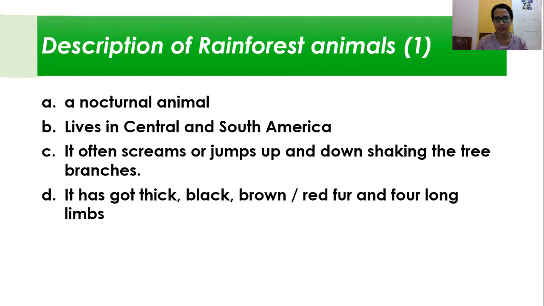It's a nocturnal animal. It lives in Central and South America. It often screams or jumps up and down, shaking the tree branches. And it has got thick black brown red fur and 4 long limbs. Yes, we know from the description C, you can directly mention it is spider monkey.